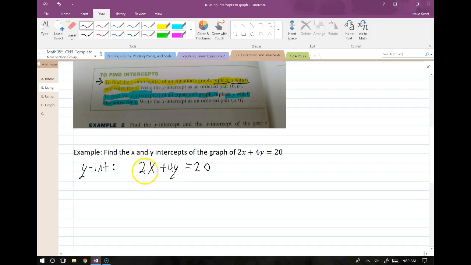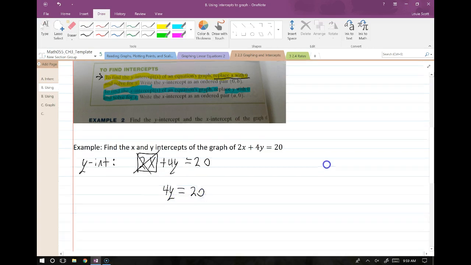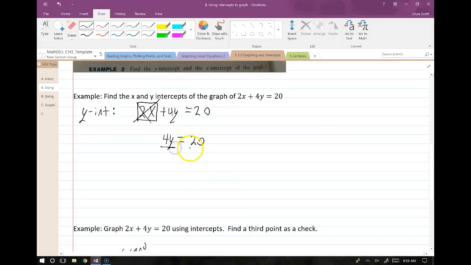If x is equal to 0, this entire 2x out in front just goes away, because 2 times 0 is 0. So now I only have 4y equals 20. Now I'm going to divide both sides by 4, just like I usually would, which gives me y equals 20 over 4, which is actually equal to 5.